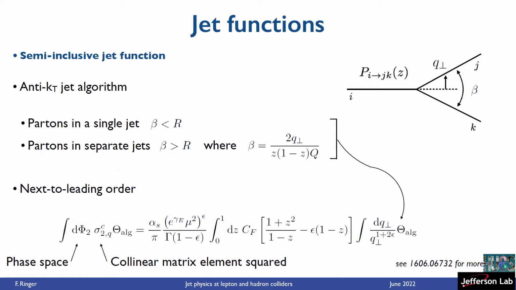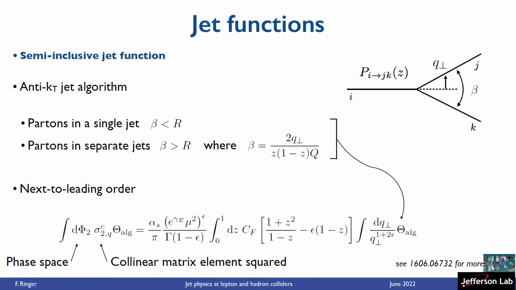We have a bunch of prefactors here that just make sure everything's well-defined in dimensional regularization. There's an overall alpha S over pi, because we have one emission, a quark emitting a gluon, so everything squared gives one alpha S. Then we have an integral that parameterizes the phase space of the emission in terms of the momentum fraction z, the momentum fraction carried by the emitted gluon or quark, and in terms of the transverse momentum.